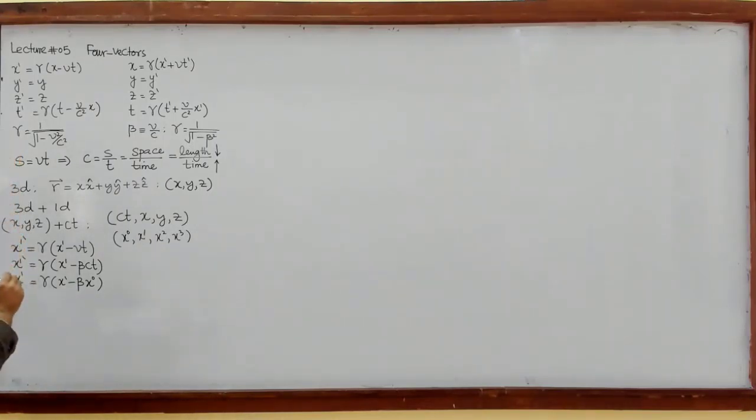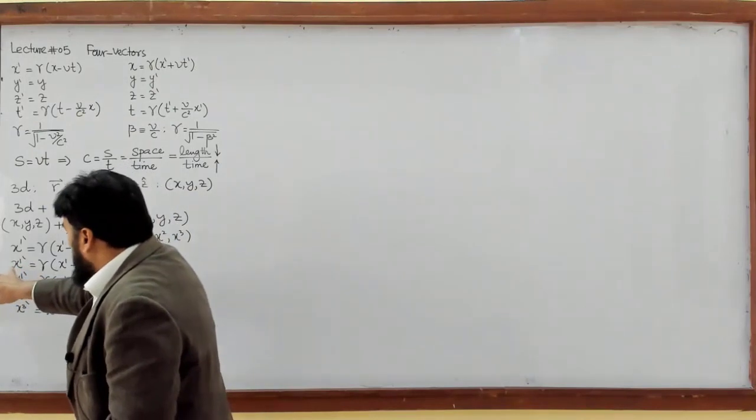Similarly, I can write, okay, differentiating between x1 and its prime, y prime is x2 prime, equal to x2, and x3 prime is equal to x3.